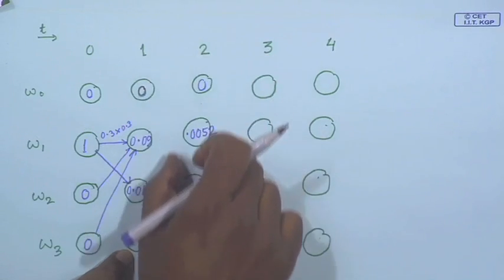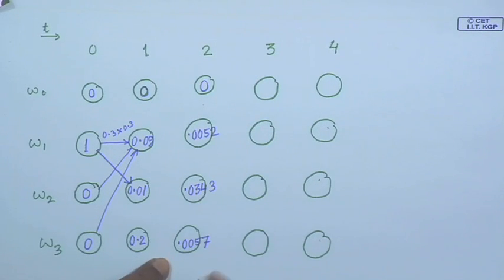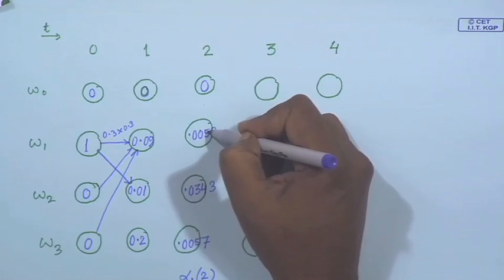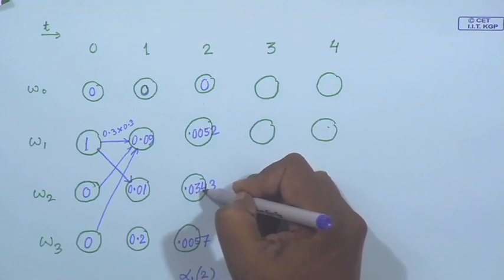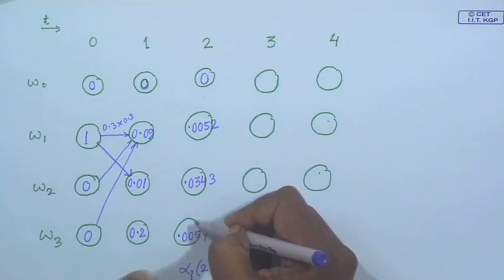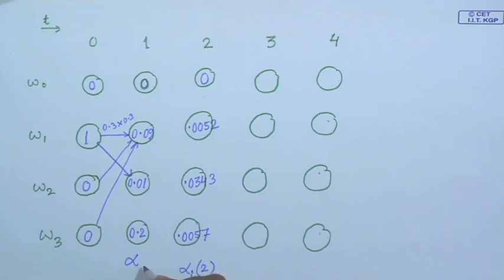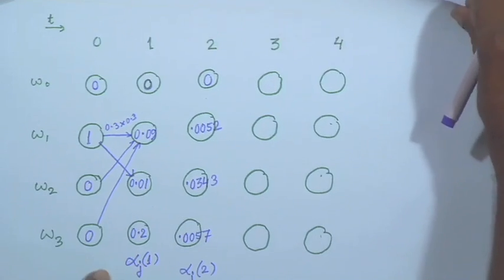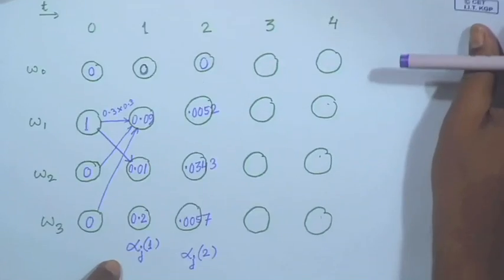So, over here what I get is alpha j at time step 2 for all j. This is for j equal to 0, this is for j equal to 1, j equal to 2, j equal to 3. This gives alpha for all j.